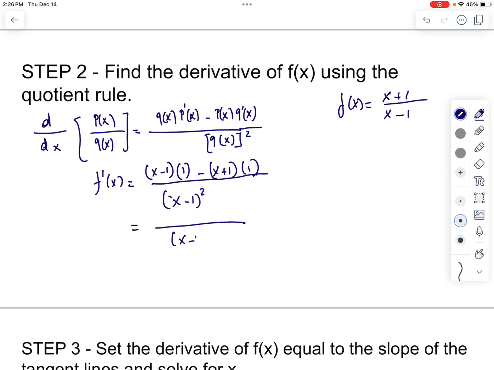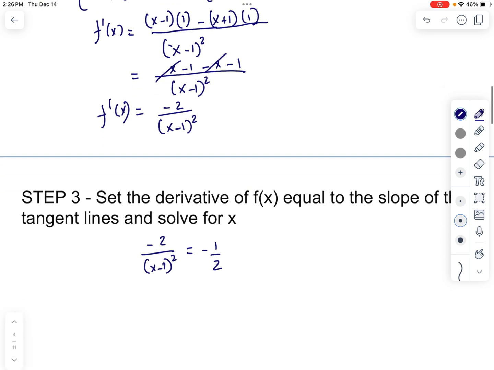Doing a bit of simplifying here, in the denominator I have (x - 1) squared. In the top, I will have (x - 1) - (x + 1). Notice the x will cancel out. We are left with -2 over (x - 1) squared, and that is the derivative of our function f(x).